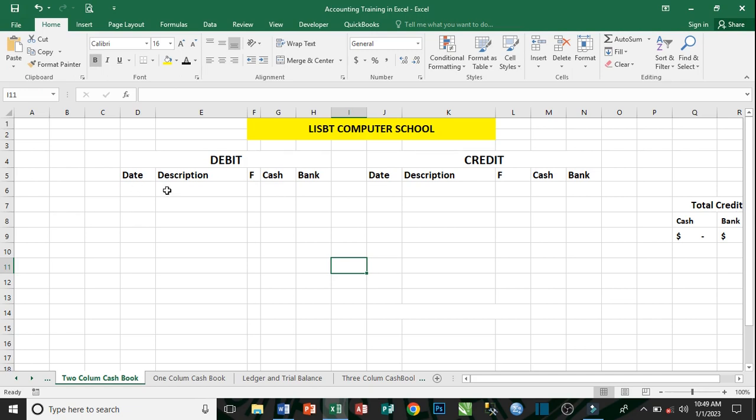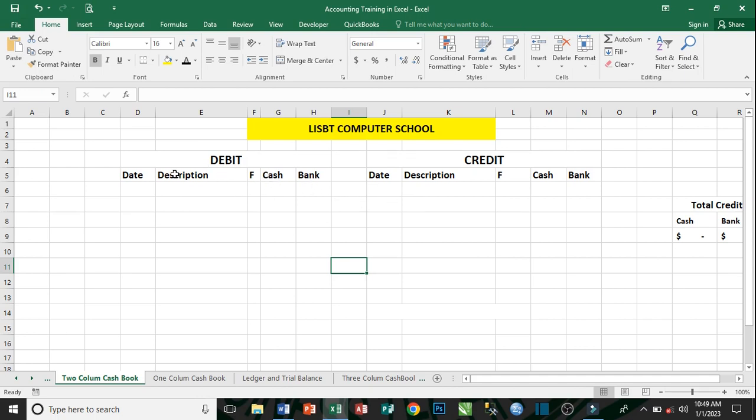So the first question says: July 4, 2022, Lace Computer School started with cash in hand of $4,000 and cash at the bank of $4,000. It is simply saying that we started a business, and the money we had in hand, our cash, was $4,000.